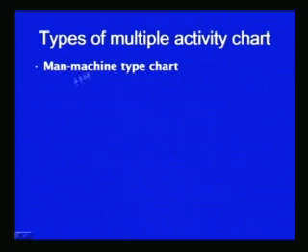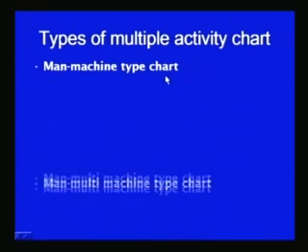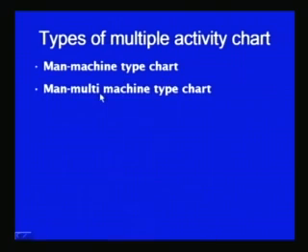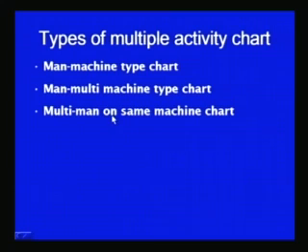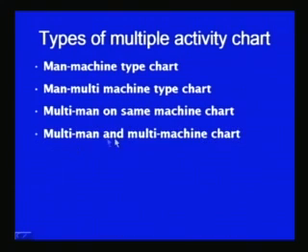So, different types of multiple activity charts are prepared. The typical ones are the man and machine type multiple activity chart, the man and multi machine chart, the multi man on the same machine chart, and the multi man and multi machine chart.